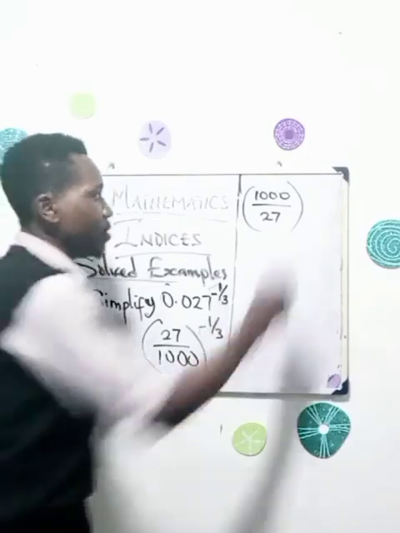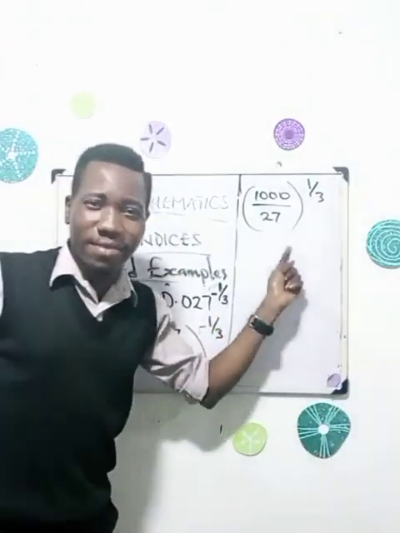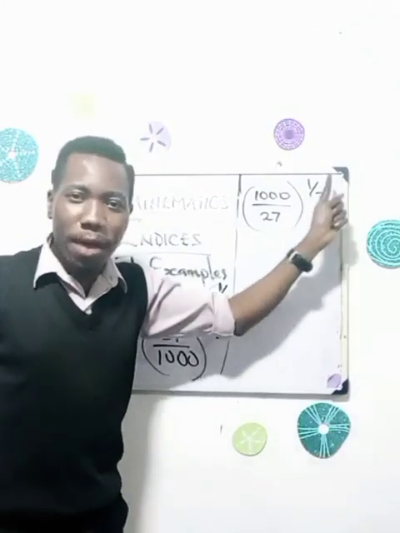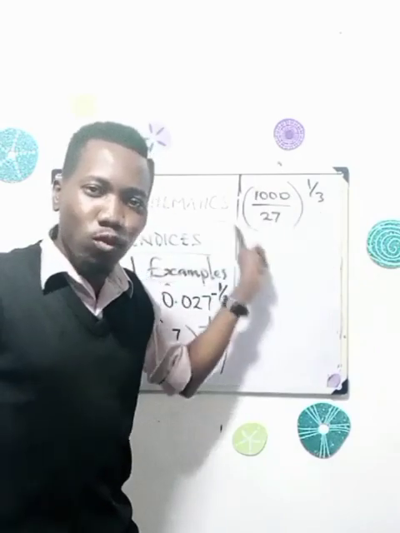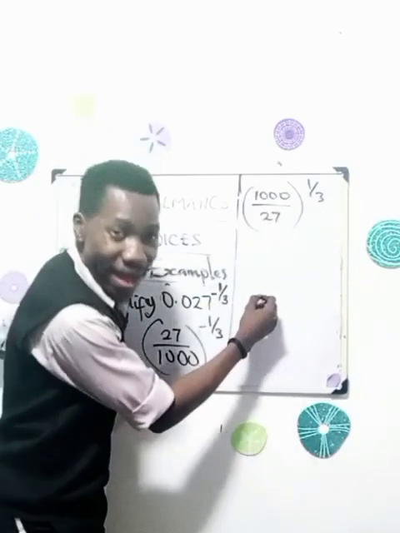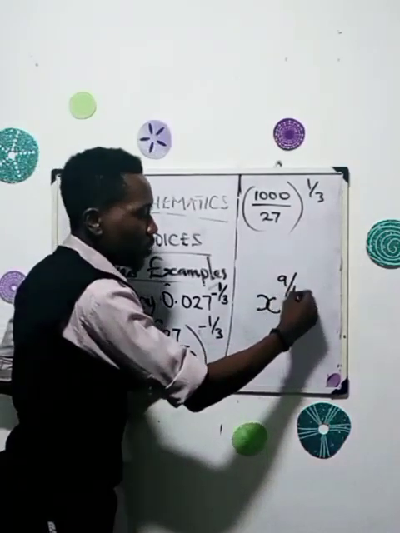What is left is the 1 over 3. So the other rule says anytime you have a number, say x, raised to the power of a fraction, the denominator of this fraction will become the root of this. The rule specifically said x raised to the power of a over b.